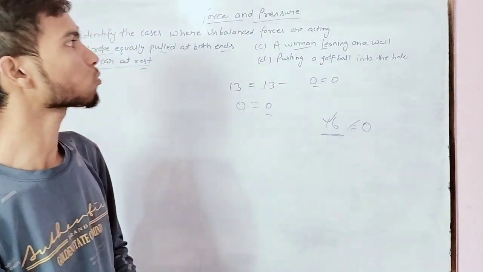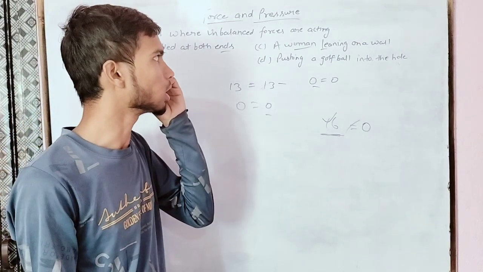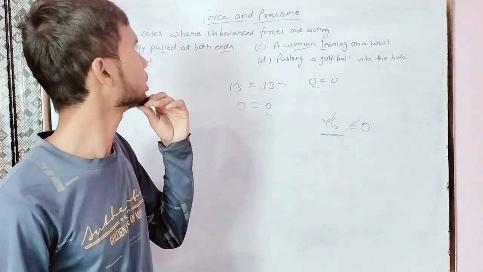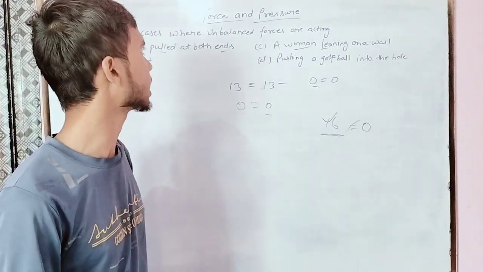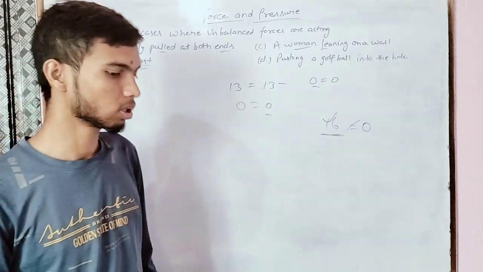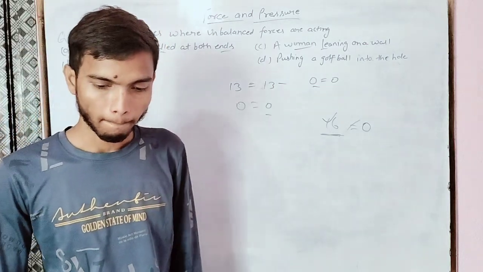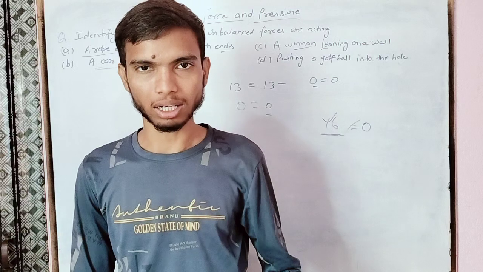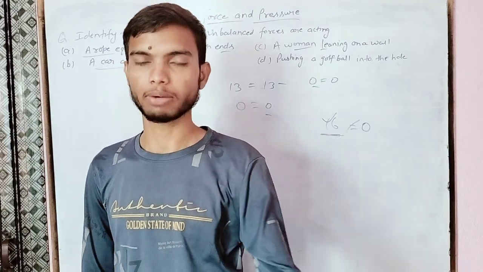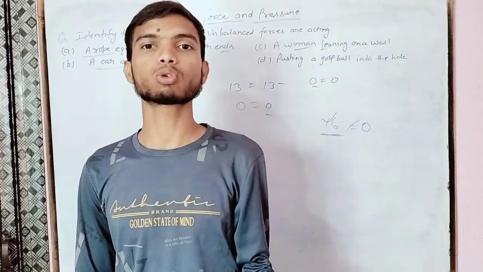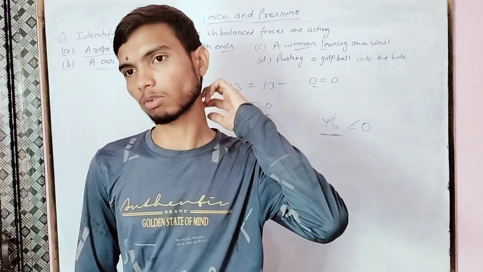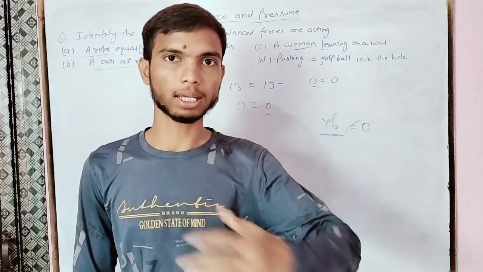So here, pushing a golf ball is acting as an unbalanced force. The other object was what? The ball is not applying any type of force.